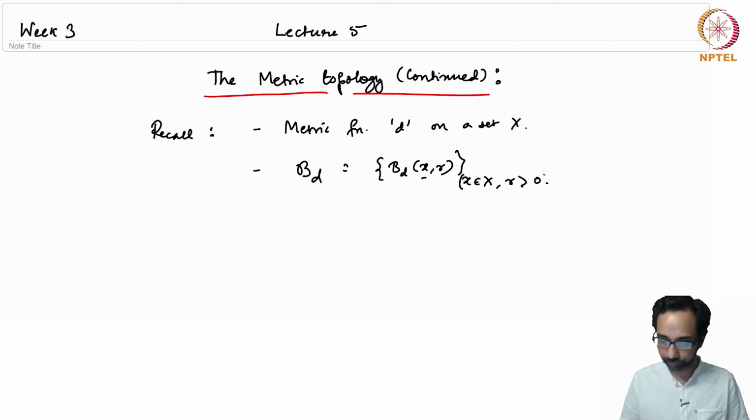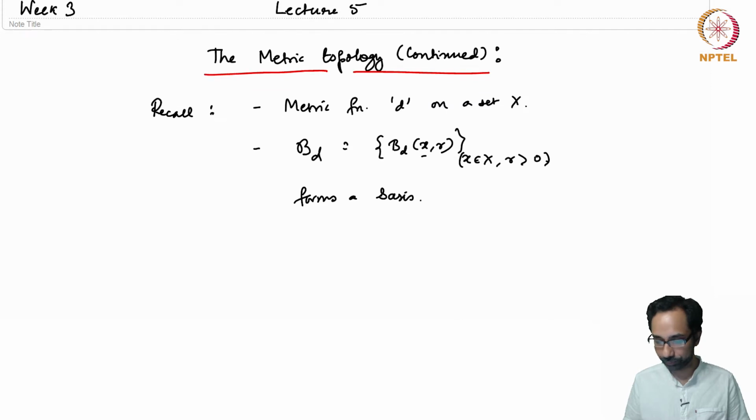So our collection BD forms a basis. Now that we have a basis, it generates a topology, and this is the metric topology.